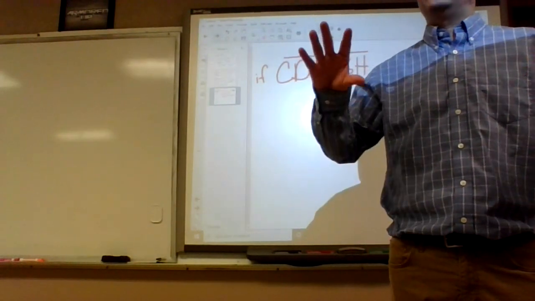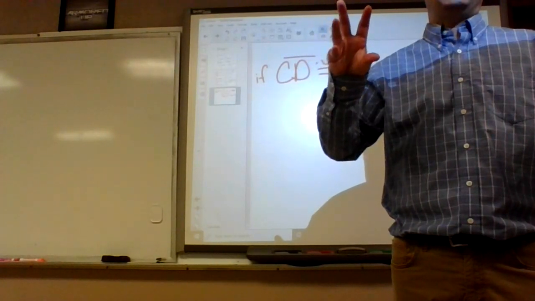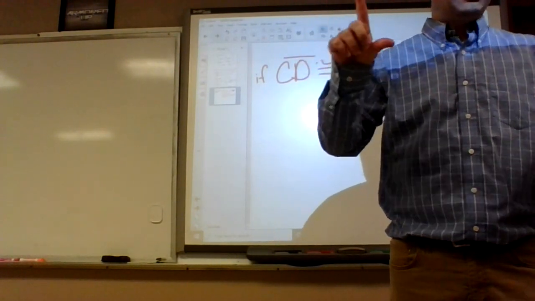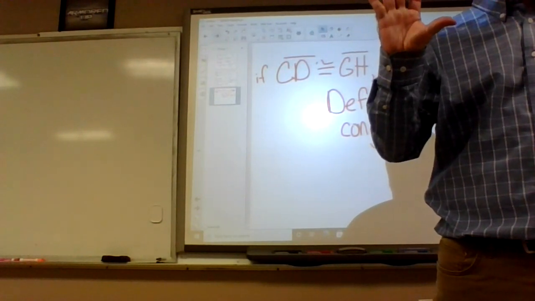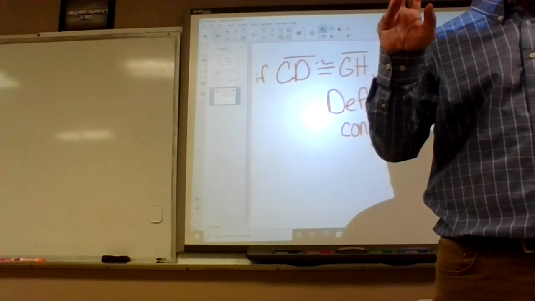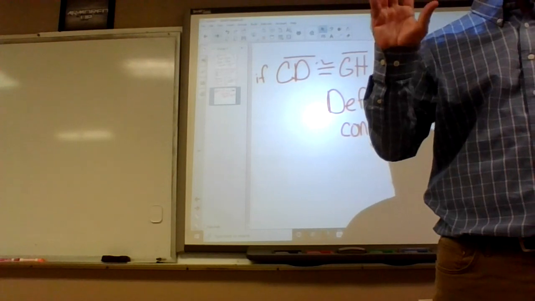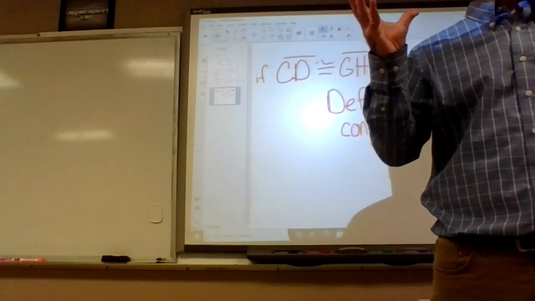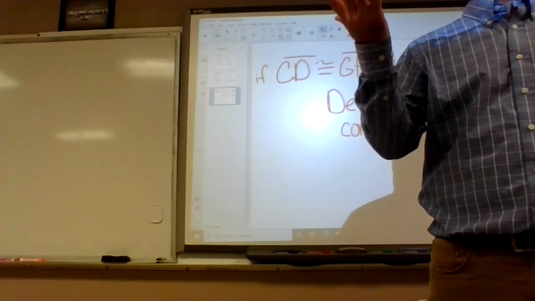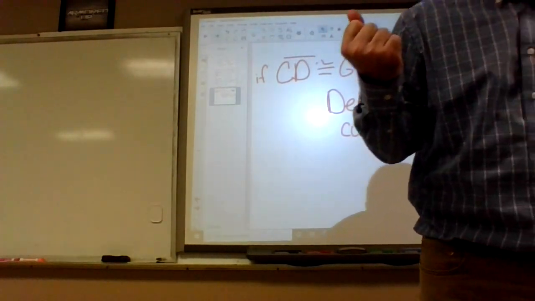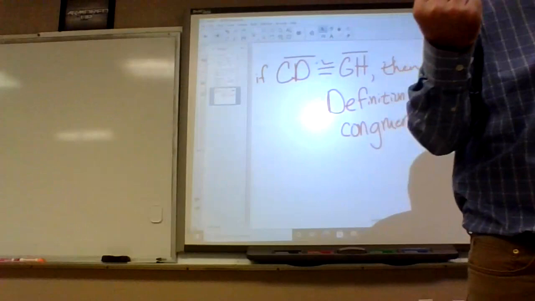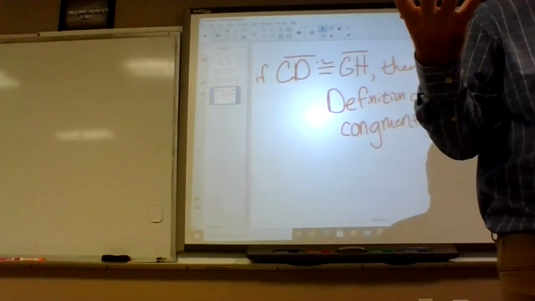What do we know about vertical angles? They're equal. Those measurements are equal. So how am I going to set up 43? Like this equals that. So the left side equals the right side.